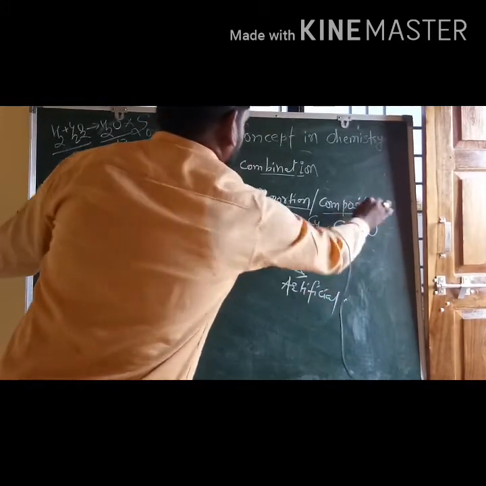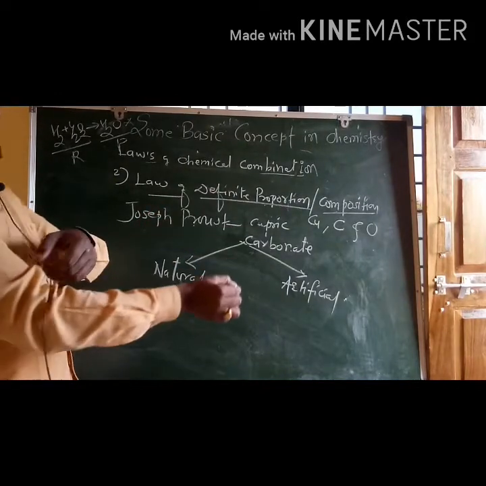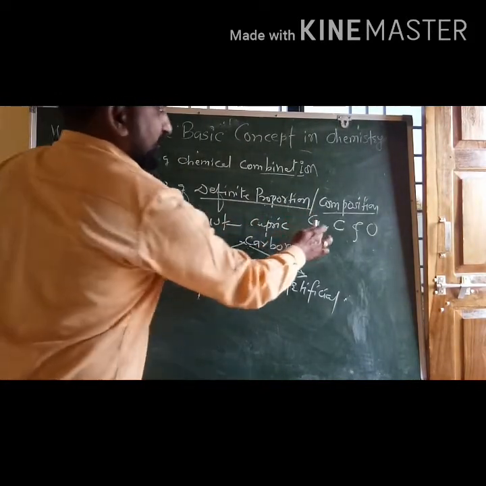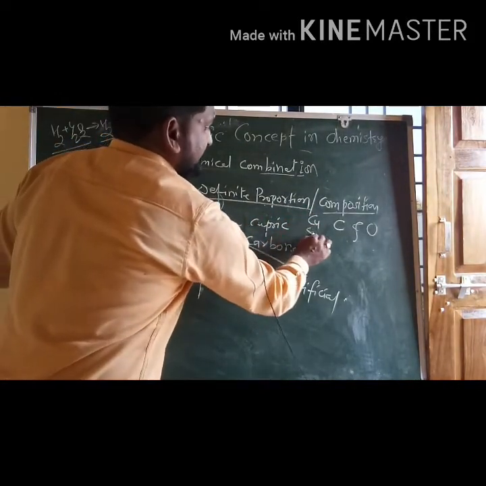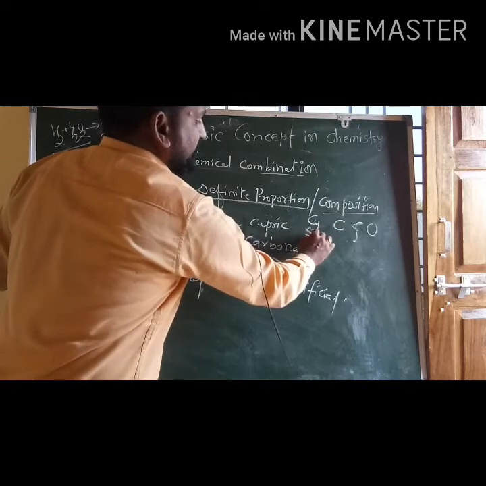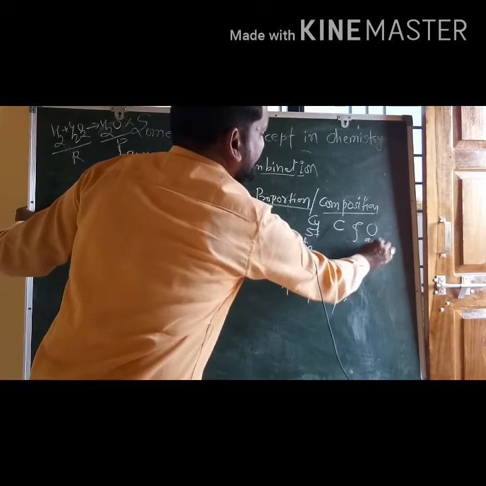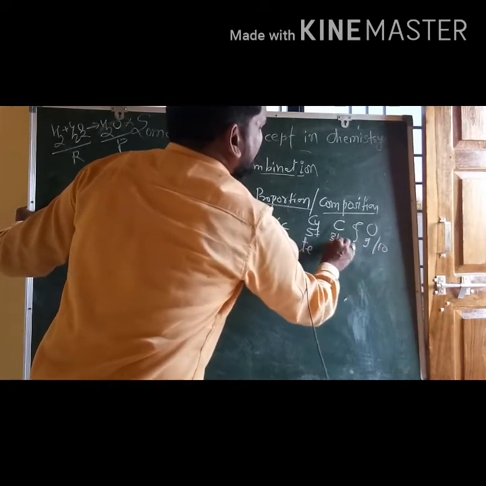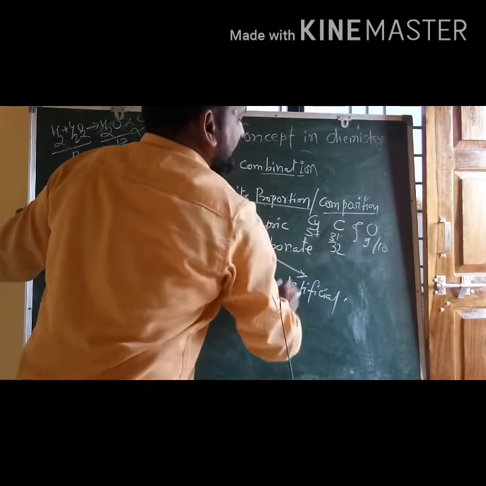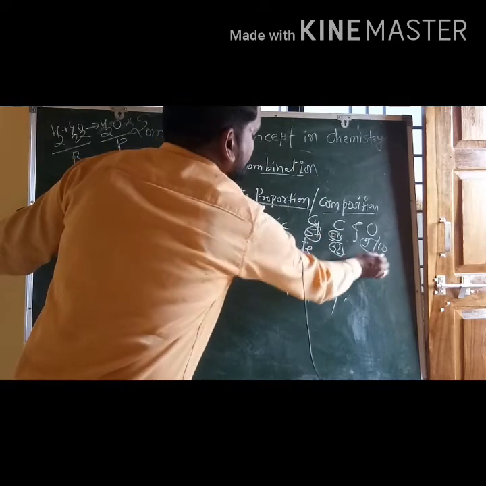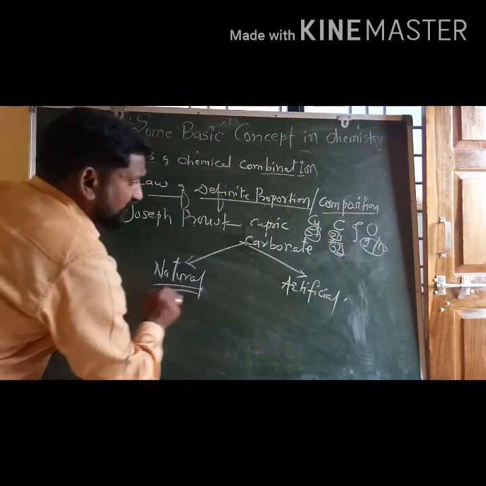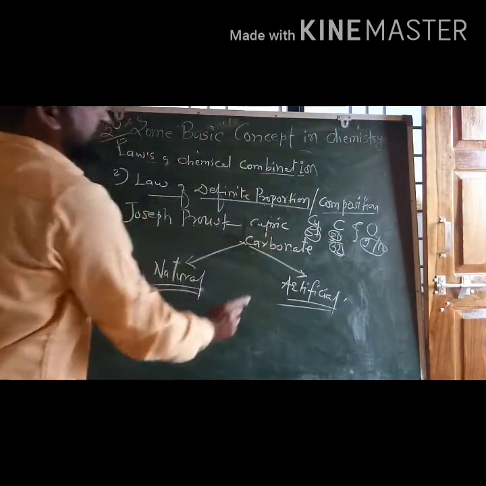Okay, so see here everybody what happened in that case. Copper is about 51 point something percent. Oxygen is about 9 or 10%, and the remaining 31 or 32% is carbon. So this proportion remains the same in the case of natural and artificial cupric carbonate.